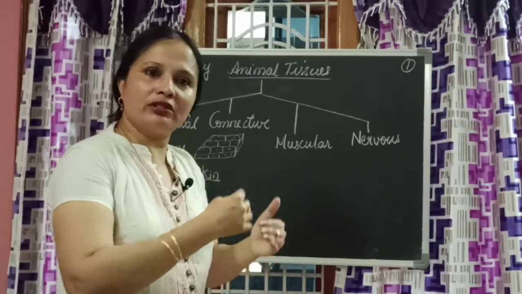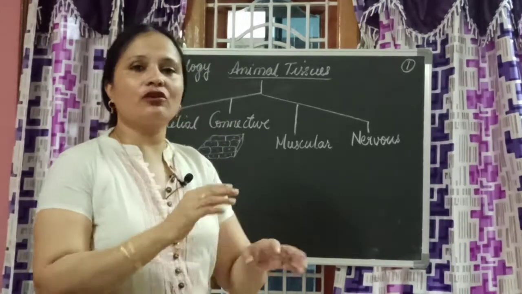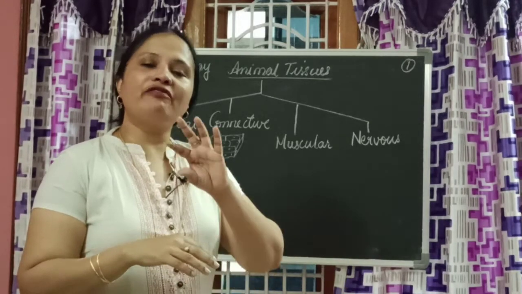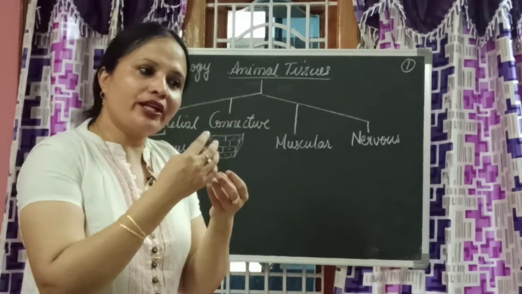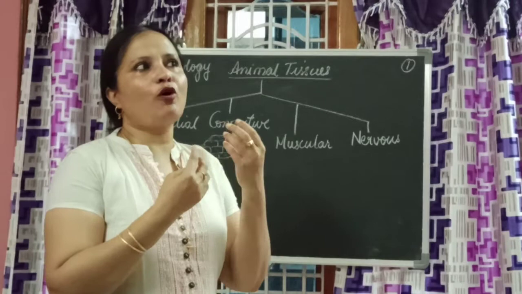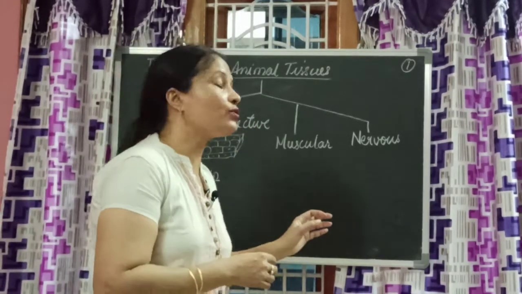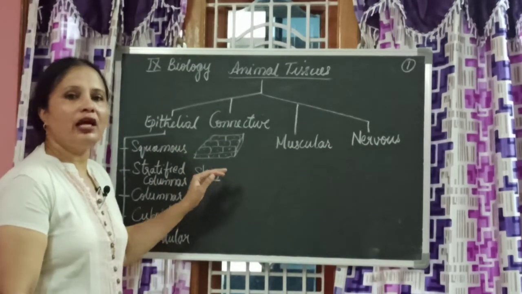Epithelial tissue is not just on the outer coverings, it is there inside the body also. Every organ is covered with that, every tubule, every small tissue inside is also covered with this epithelial tissue. So stratified columnar epithelial tissue you find on skin.